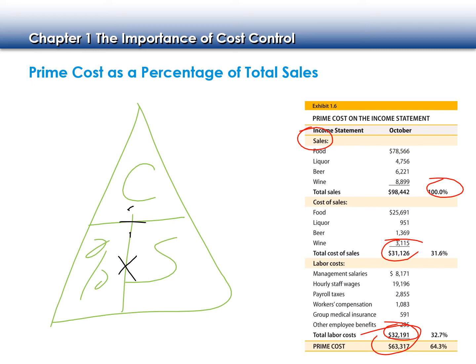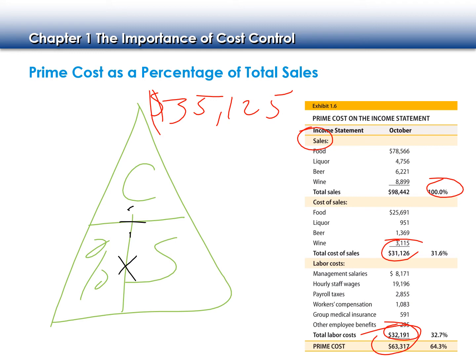Somebody do that on the calculator for me. What's $98,442 minus $63,317? $35,125. Is that my profit?